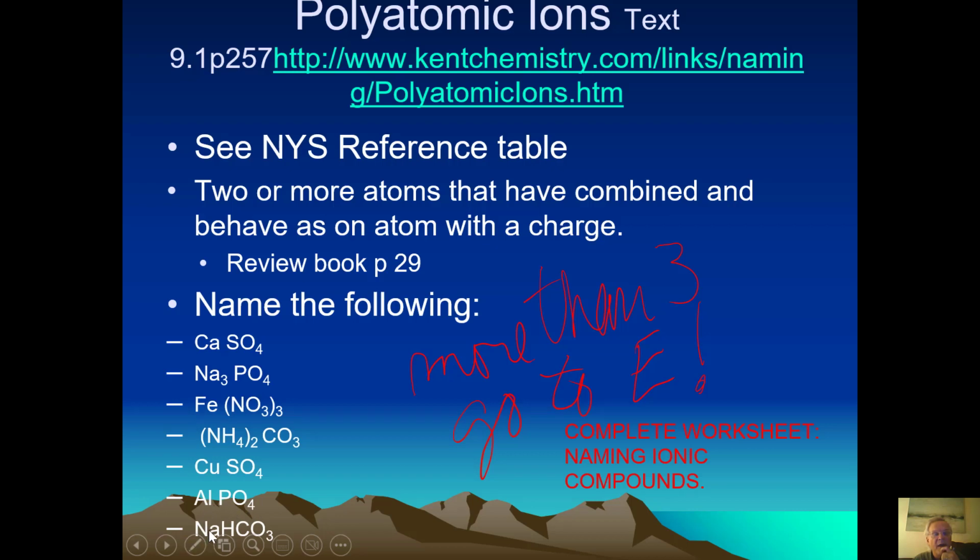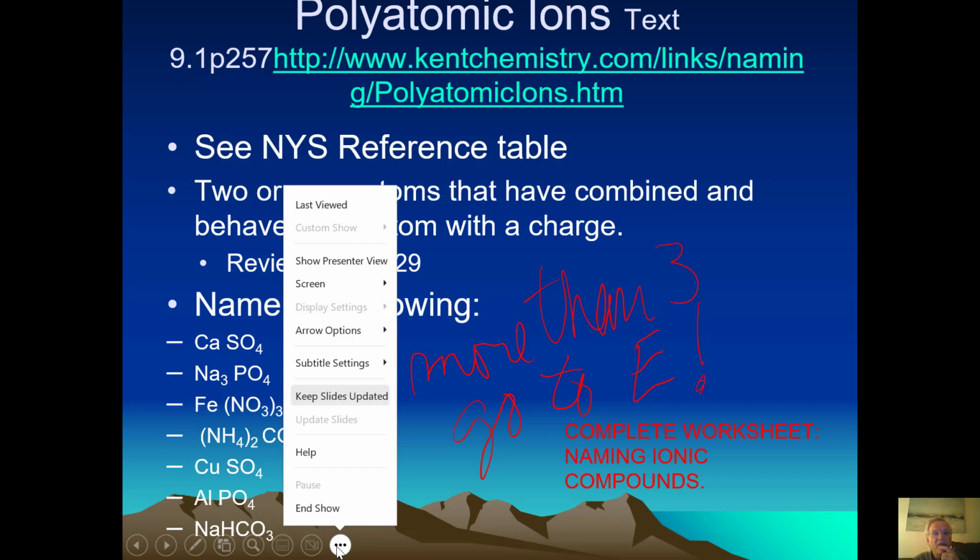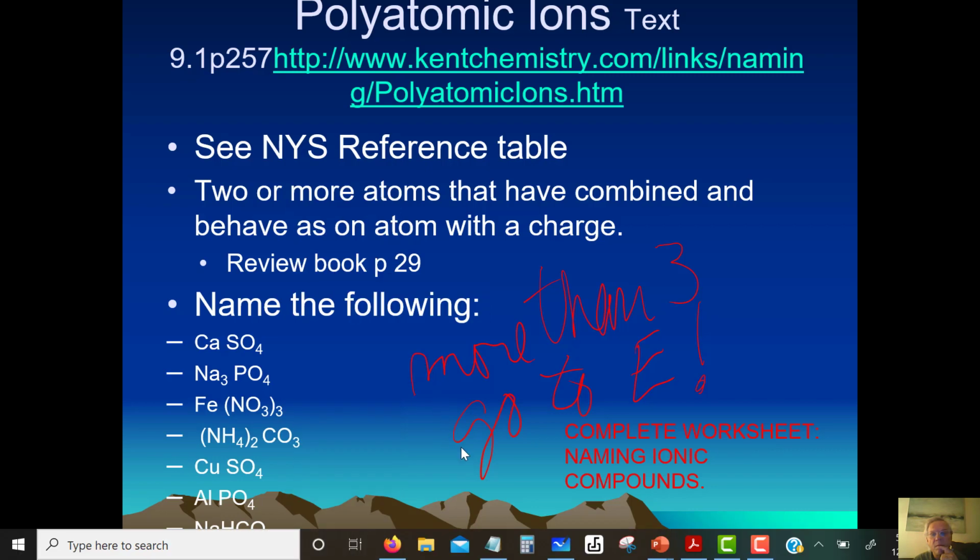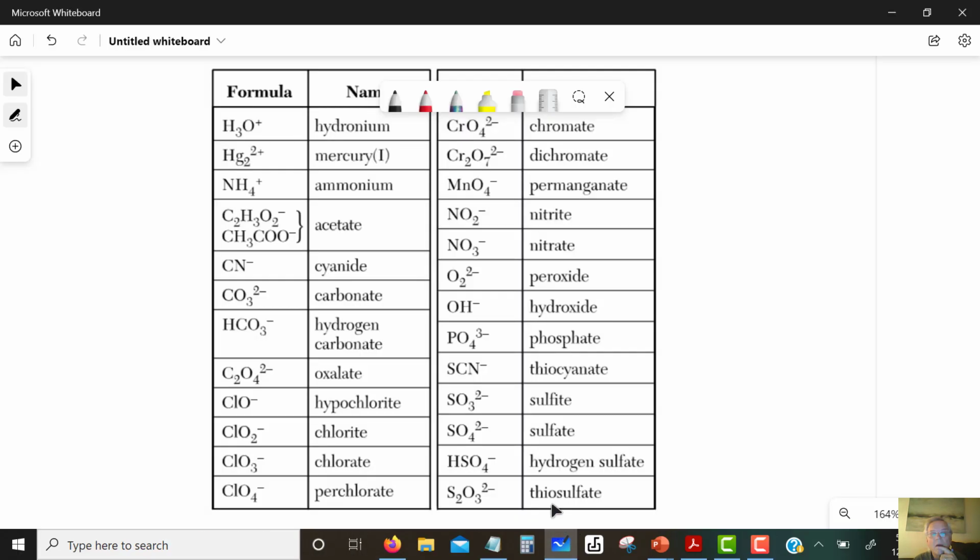And this one, NaHCO3, HCO3 we haven't seen before, so let's go search for it. HCO3, hydrogen carbonate. We've seen this chemical in lab, NaHCO3, sodium hydrogen carbonate. The other name for it would be baking soda, the more common name.